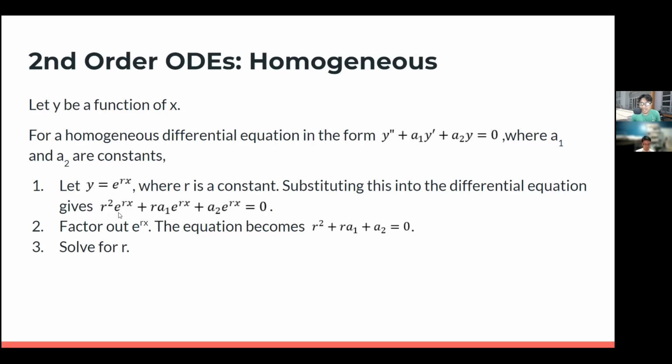All our e to the rx terms are present, and for it to be 0, r squared plus r a sub 1 plus a sub 2 must be 0. That's our main idea, so you need to solve for r.